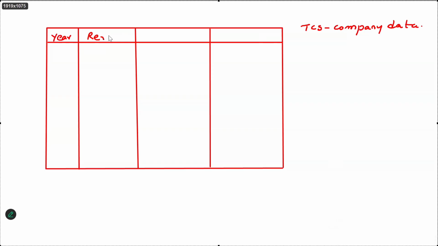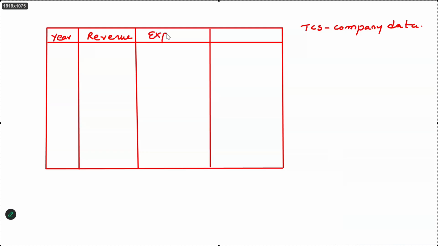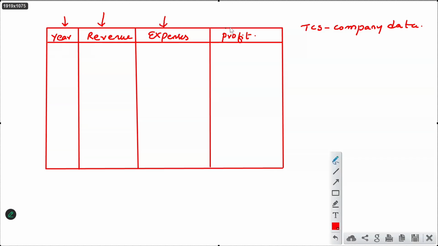We have revenue year-wise, and we have expenses, and then we have something called profit. So we have one column with year, one column with revenue, one column with expenses, and another column with profit.